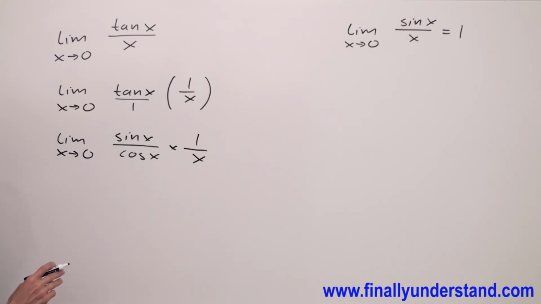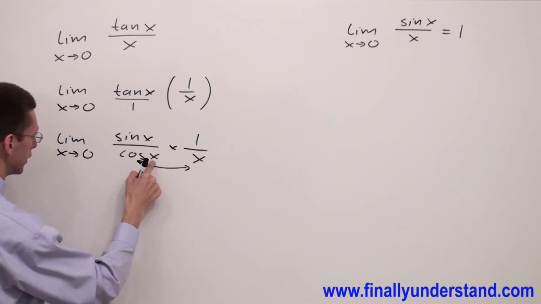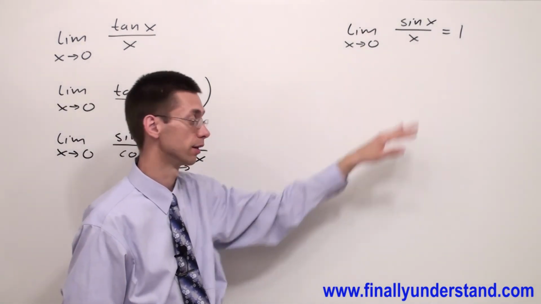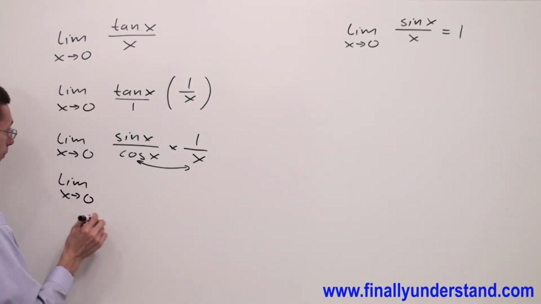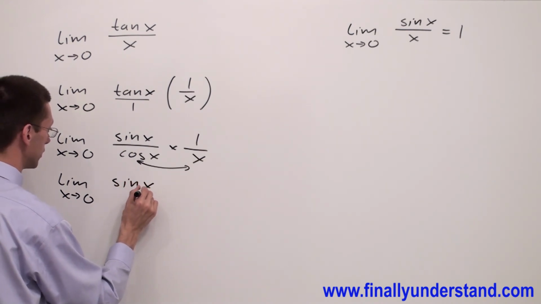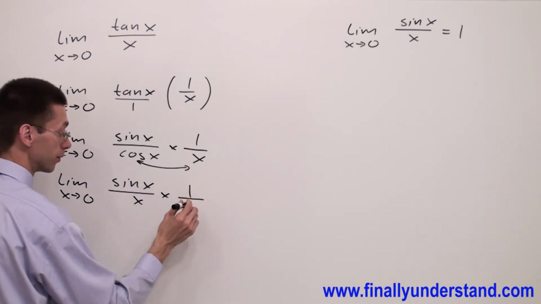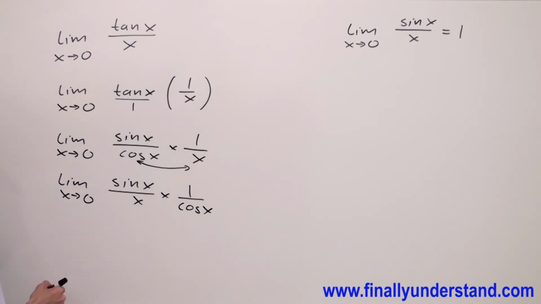Next, what I'm supposed to do, I'm going to change the position of cosine of x and x. Why? Because I want to get this form. I want to get 1. So I have limit x approaching 0 of sine of x over x times 1 over cosine of x. Now we have the limit of the product.